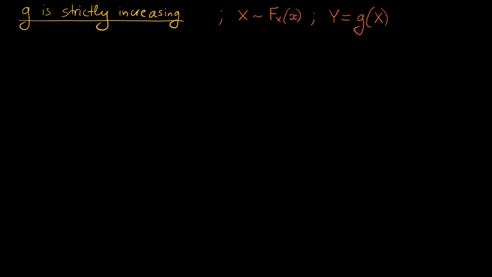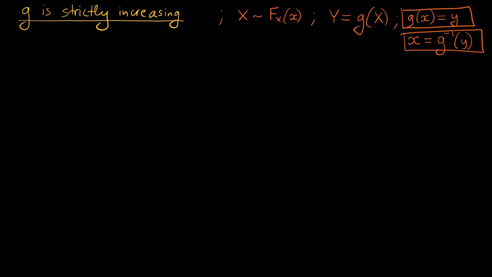Let's have a look at the general case. When g is strictly increasing, what is the PDF of y in terms of the PDF of x? So again, this function g of x here can be written as that. And then if we wanted to find the inverse, it would be given by g inverse of y.